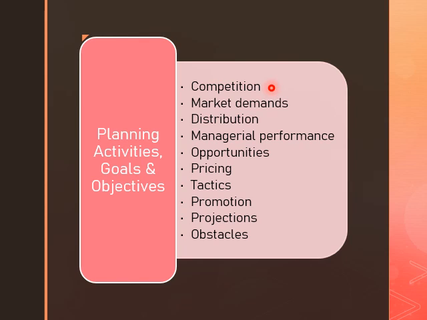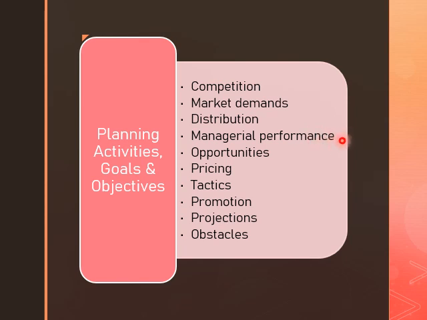Okay, you tahu siapa competitor you. And then untuk sell a product, you need to know the market demand. That is how you plan to sell. Okay, kalau you tahu the market demand, then only you decide to sell the product. And then you need to know the distribution. Macam mana you nak distributekan barang you kepada the customer. So that is also part of the planning activity. You have to plan beforehand.